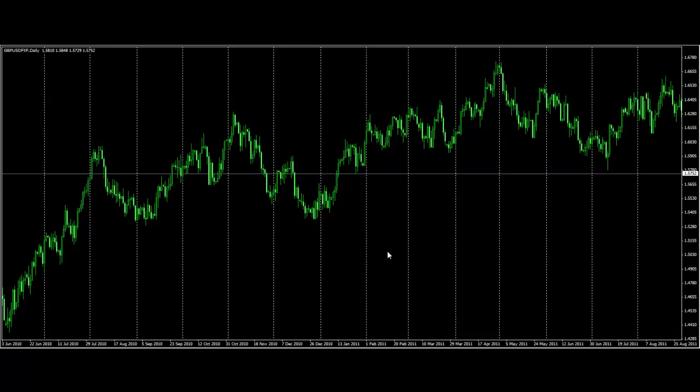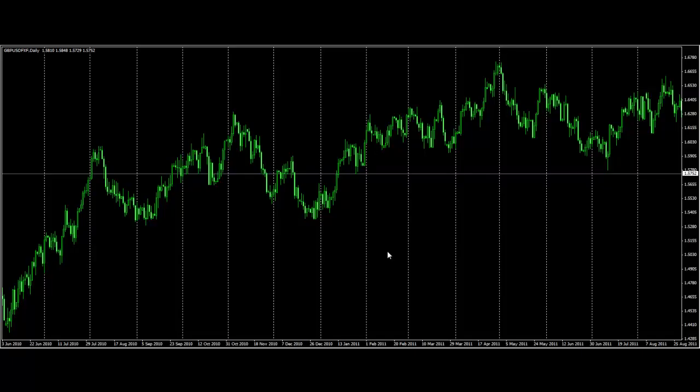Many times it'll retrace back into the range, or if not at all, reverse altogether. Vice versa, if you look at a 20-day low, many times when price breaks below it, it's a false break, and then it'll trade back up into the range, if not reverse altogether.